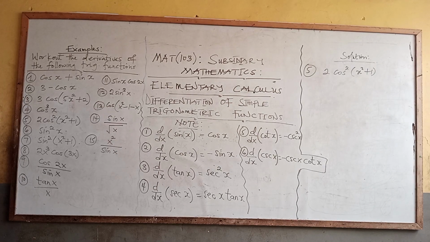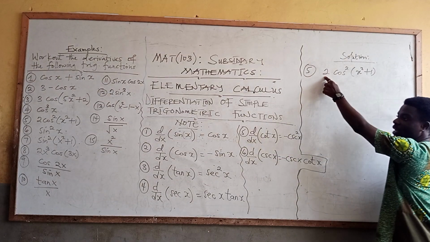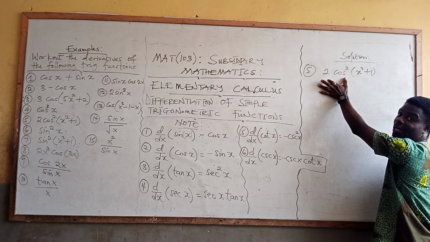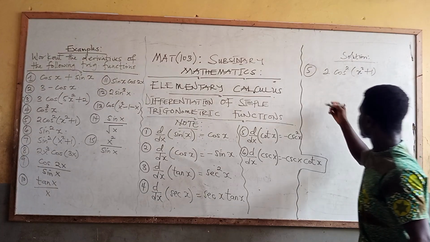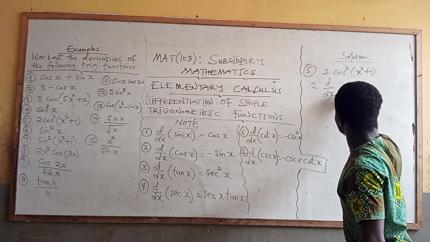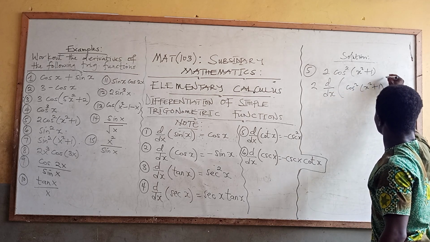Alright, let's see. 2 cos squared x squared plus 1. Don't forget, we have no x here, so this 2 is a constant, and it is multiplying, so we can factorize 2 out, then I differentiate that with respect to x. So I have this.